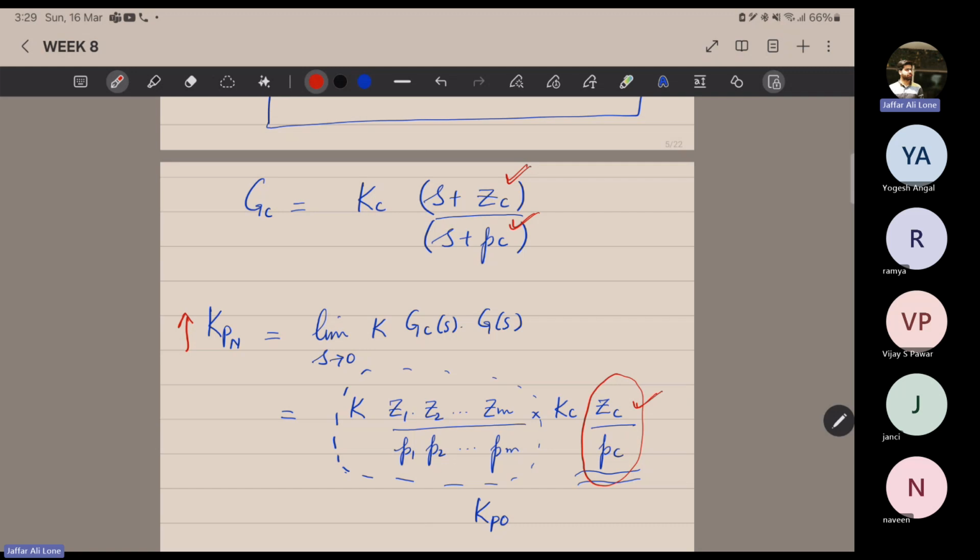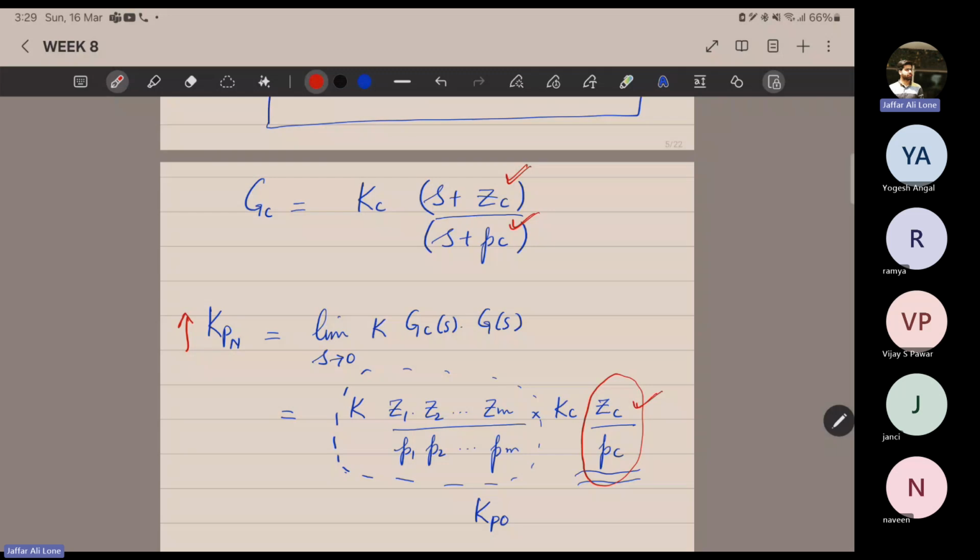But here we do not want that to happen. We only want steady state characteristics. Our desire is to improve the steady state response without impacting the transient characteristics. But we are adding a zero as well as a pole, so the transient characteristics will get impacted. So how can we avoid that?